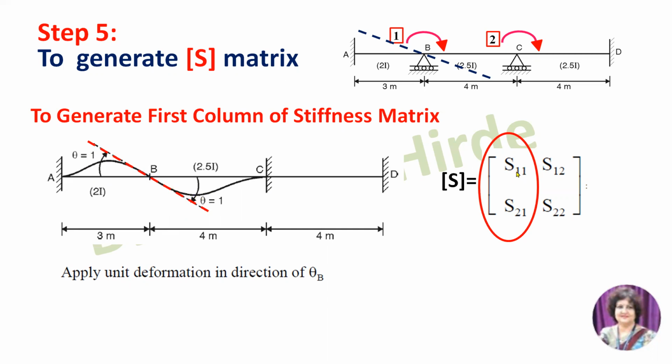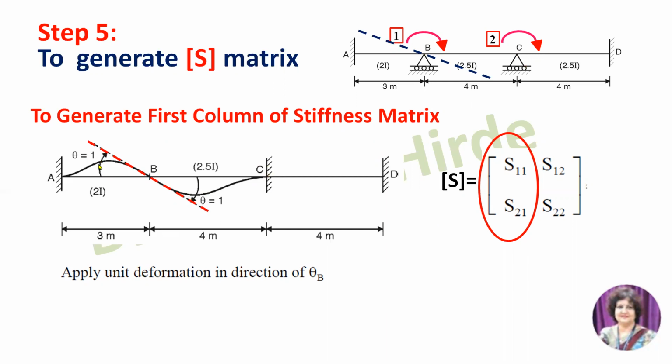So S11 means the moment developed at 1 due to unit rotation at 1. This is our 1. S21 means moment developed at 2. This is our 2. Moment developed at 2 due to unit rotation at 1. That is S21.